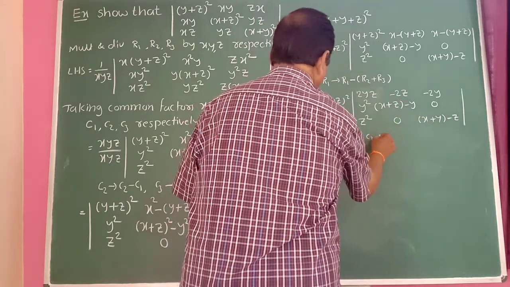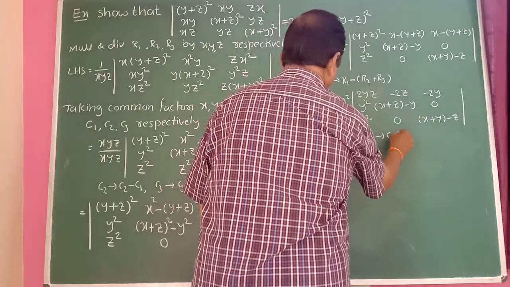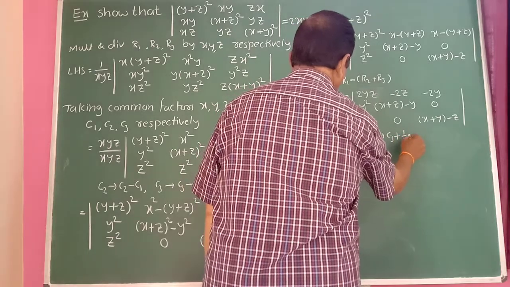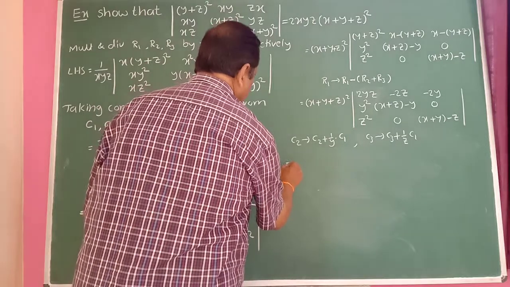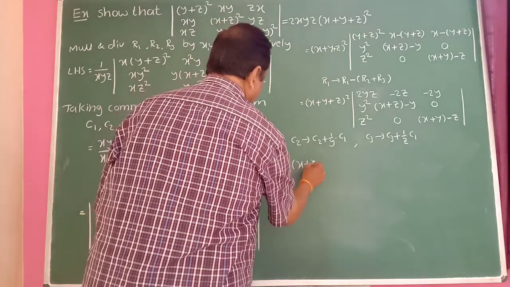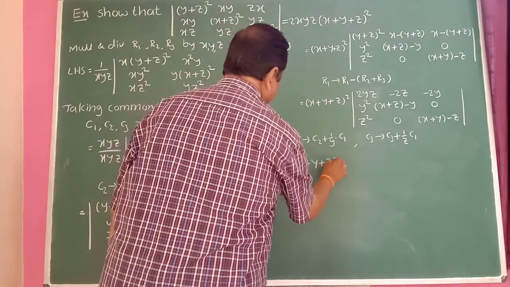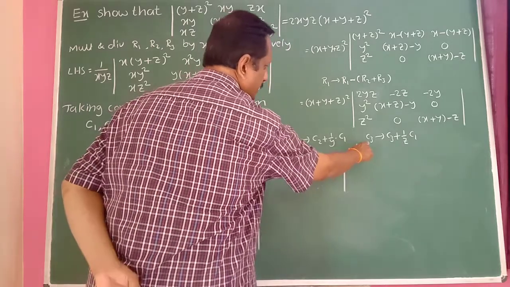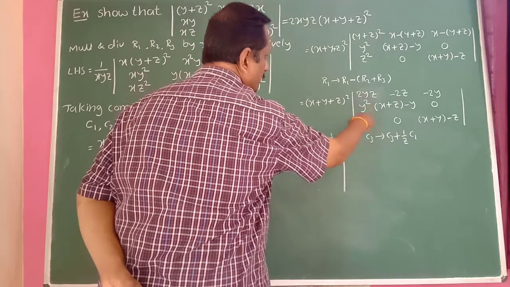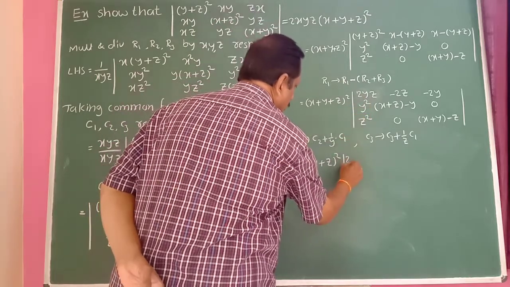So C3 gives C3 plus 1 upon z into C1. Therefore, this is equal to (x plus y plus z) whole square into the determinant. Only the second and third columns change here, the first column elements keep as they are.